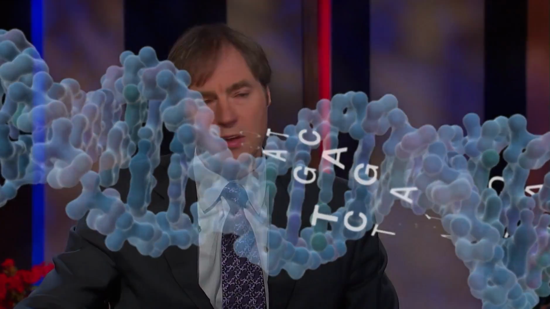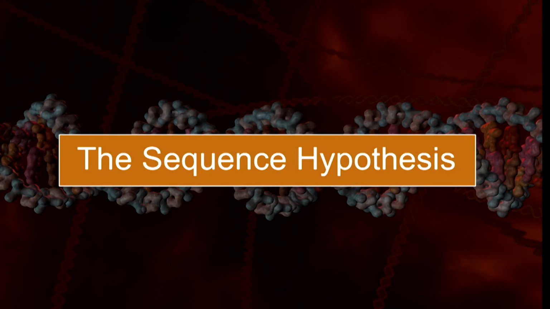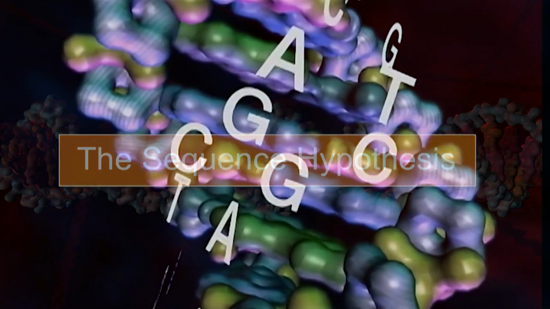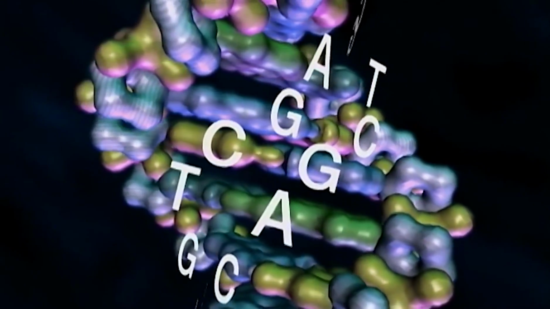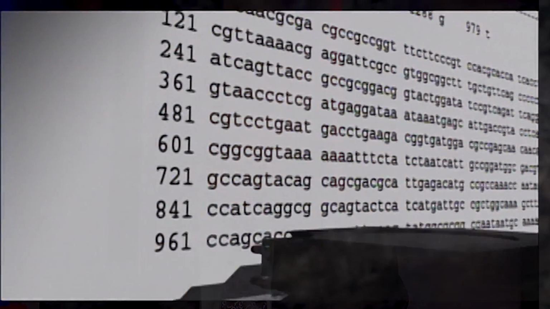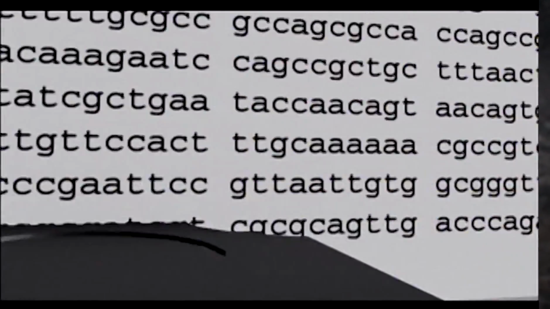And in 1957, 4 years after the structure was discerned, Francis Crick put forward what I think was one of the most important hypotheses in the history of science. It's called the sequence hypothesis. And what Crick proposed was that these 4 chemicals that chemists represent with the letters A, T, G, and C are actually functioning like alphabetic letters in a written text or like zeros and ones in a section of computer code.